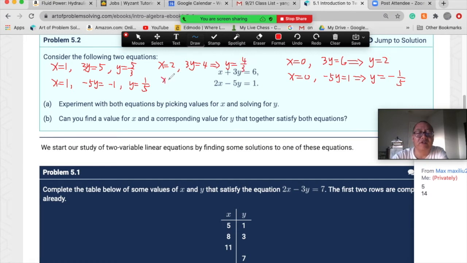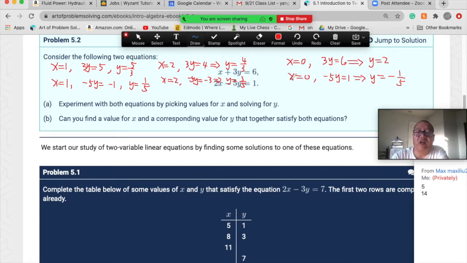Then if x equals 2, plug it into the second equation, we get negative 5y. This will be 4, both sides minus 4, this is minus 3. So we get y equals 3/5. They are still not the same.